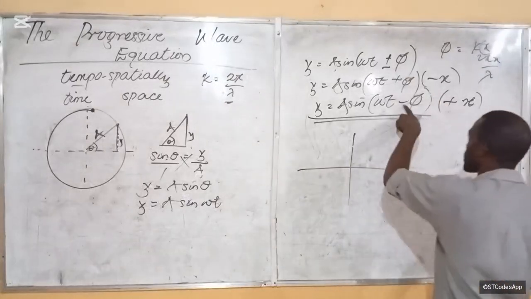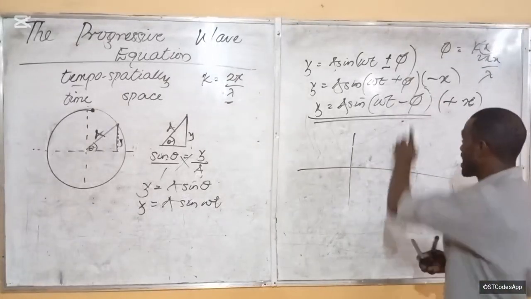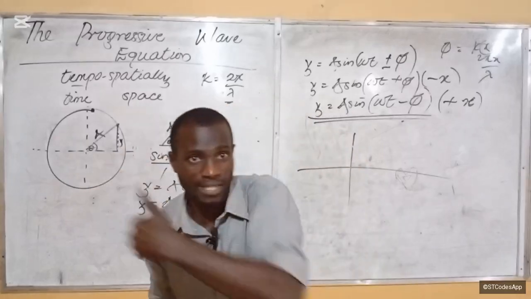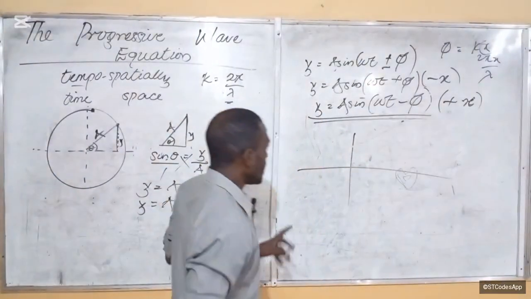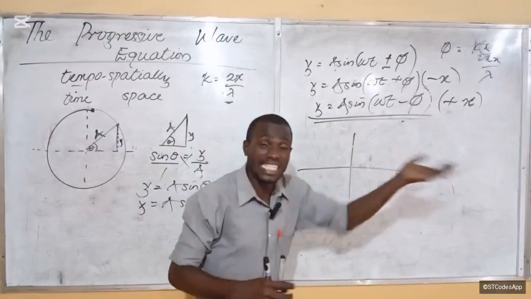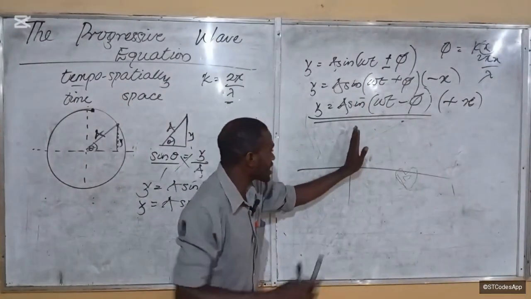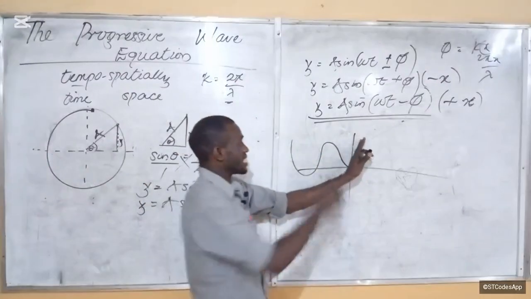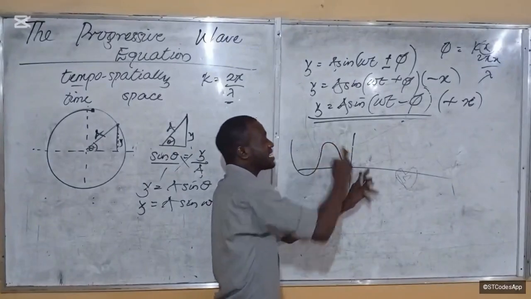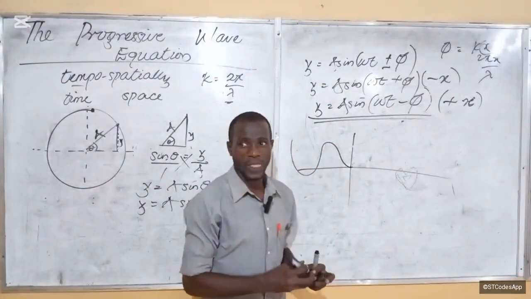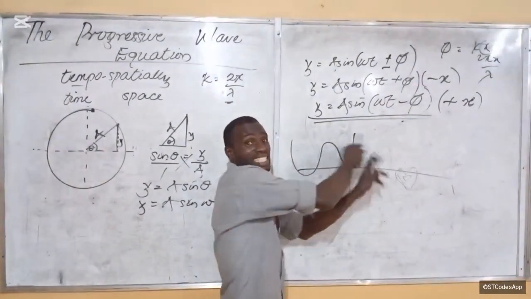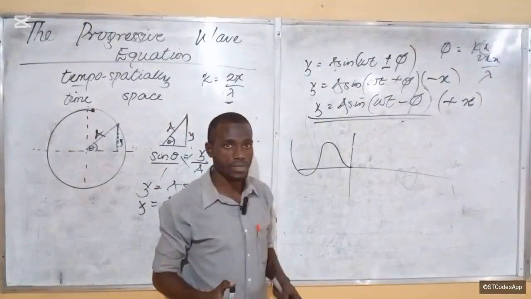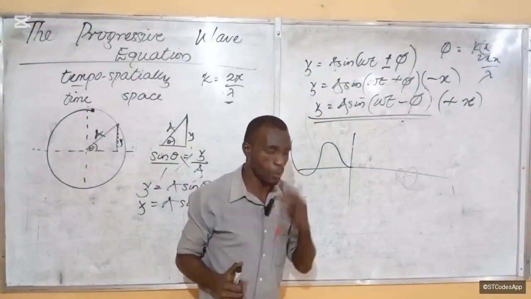So that's why we put negative here, so that the negative will cancel out if our wave were to be leading. Our reference point is leading. So if our reference point is still the starting point, and our wave is moving in this direction, what that means is that our reference point is leading our wave. Does that make sense? So because of that, we're going to have this formula. I hope that is clear. Okay?